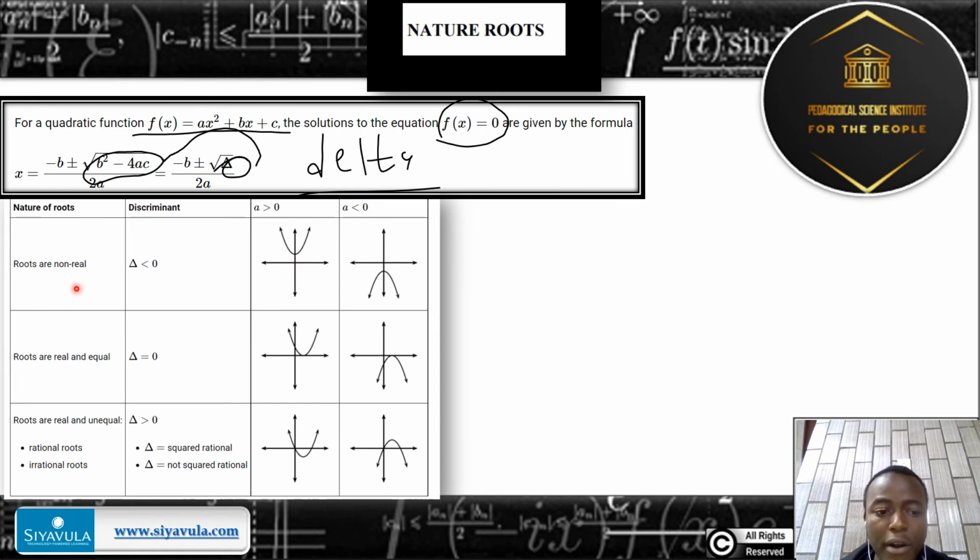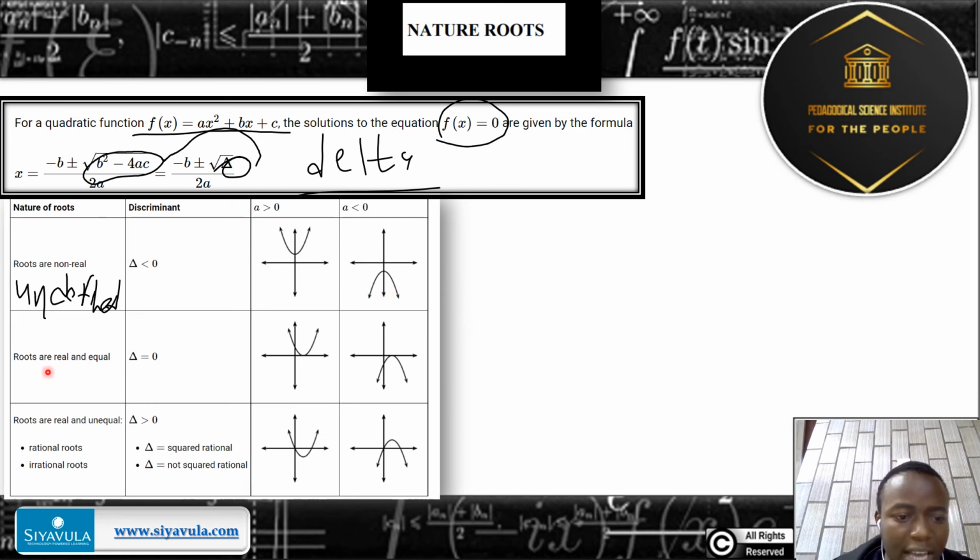Another word for non-real, sometimes they say undefined. If it's undefined, there are no roots, and you can see it yourself. This graph is cutting only the y-intercept. So that is when your delta is less than 0. We say no roots.